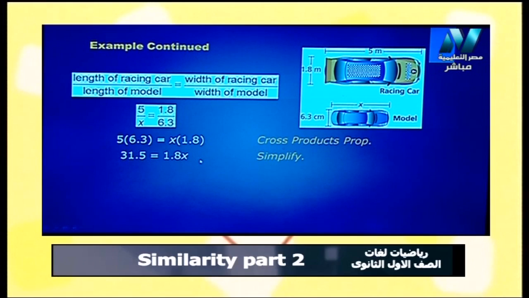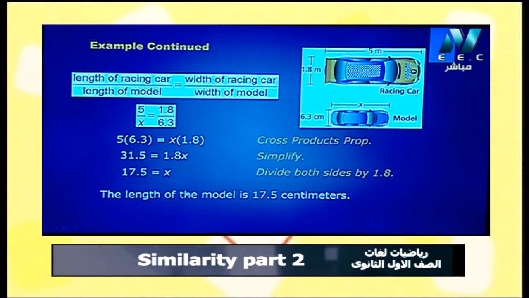Simplifying, 5 multiplied by 6.3 equals 31.5 and x multiplied by 1.8 equals 1.8x. So divide both sides by 1.8. We will get 17.5 equals x, or x equals 17.5 centimeters. So the length of the model here equals 17.5 centimeters.